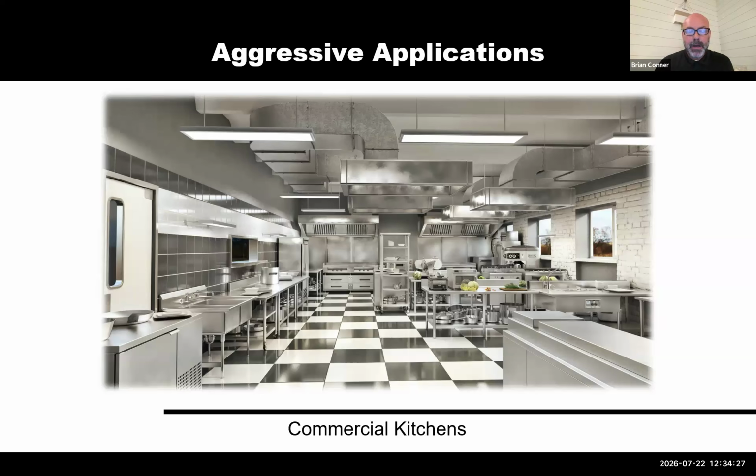So it's imperative that you choose the right material in these applications, and most of the time, cast iron would be the material of choice. What we have found is that very few folks are servicing their commercial kitchens in the way that they should be.